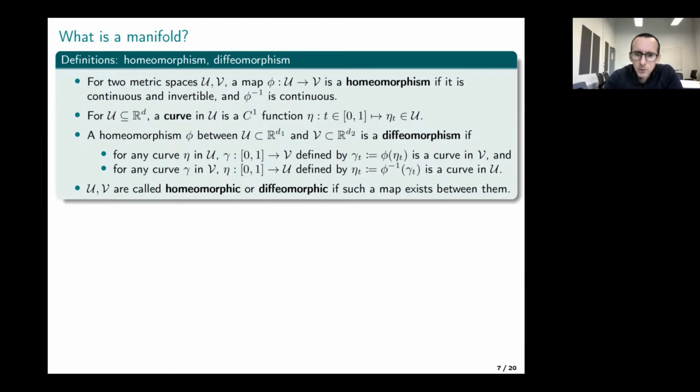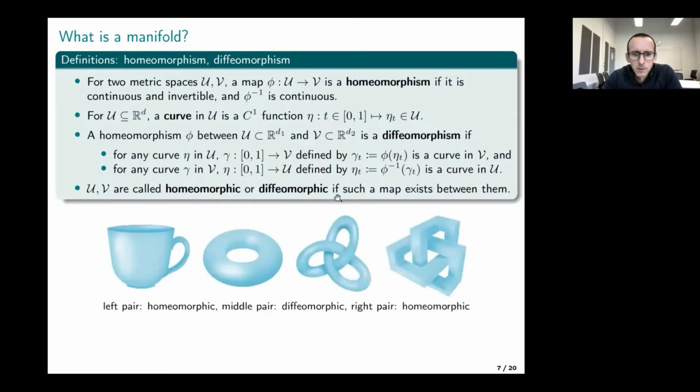So let me just show you a couple of pictures, and then I can explain the relevance of what's going on here. On the left, this pair, a teacup and a donut, is an almost stereotypical example of a pair of sets which are homeomorphic to each other.